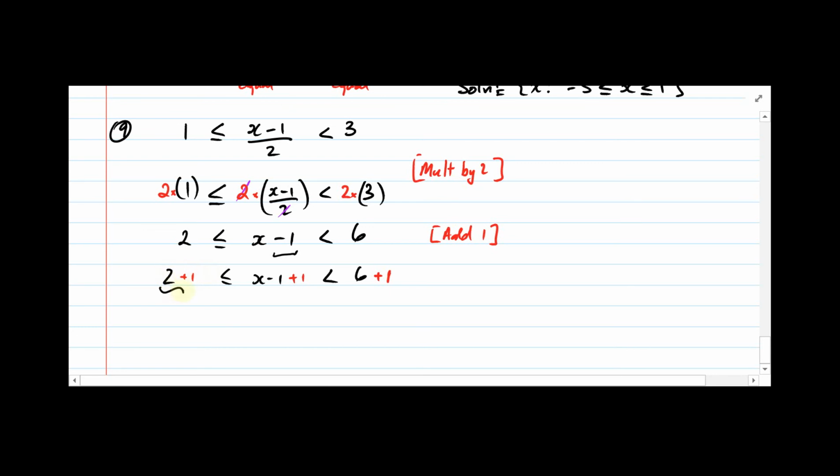Okay, so combining, 3 is less than or equal to x is less than 7. Let's graph. My graph would be, let's put 0 here.